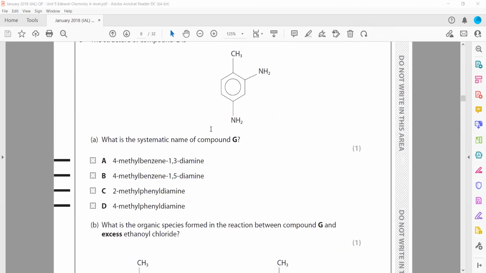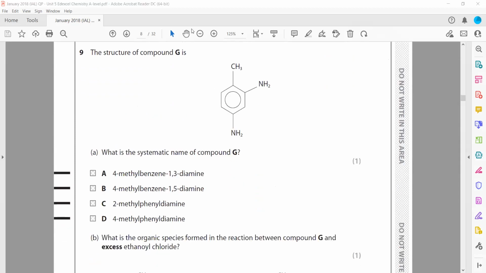Look, whenever ethanoyl chloride reacts, it is a simple reaction with ammonia. For example, if we have ammonia NH3 and ethanoyl chloride CH3, C double bonded with O and Cl. In ammonia NH3, N is partial negative and H is partial positive.